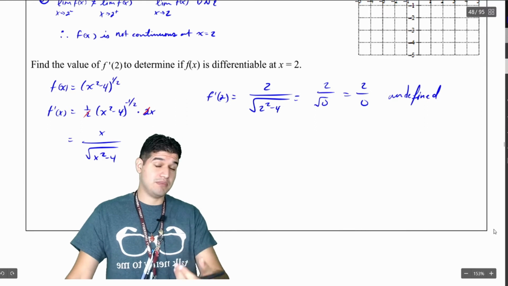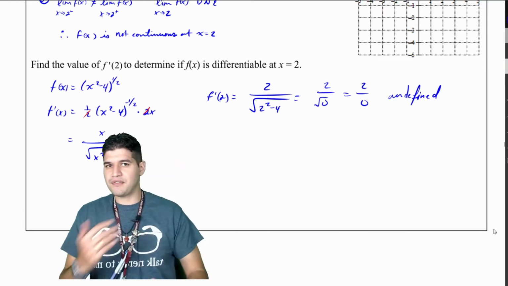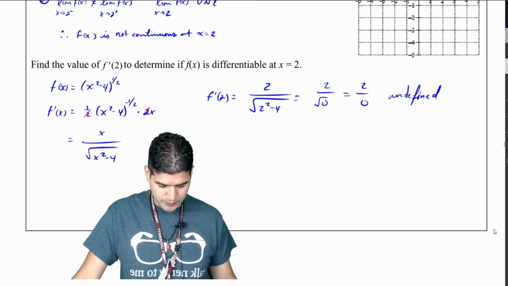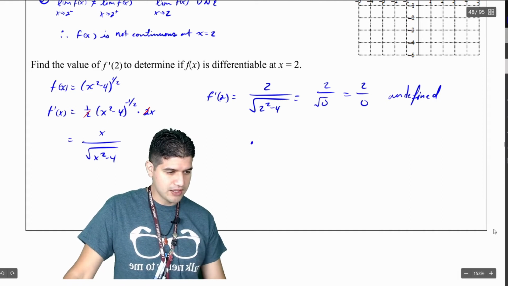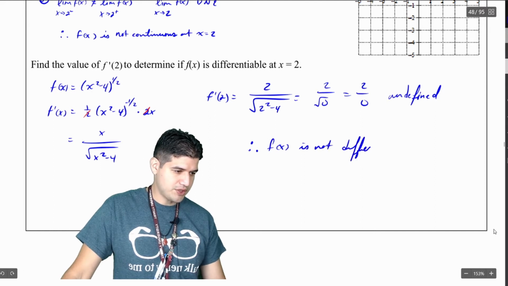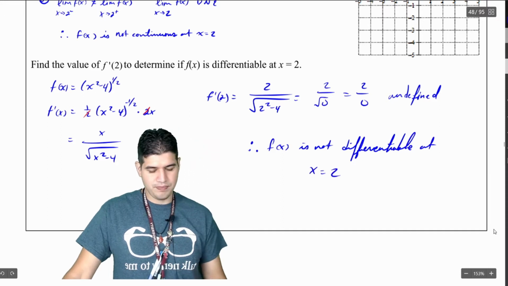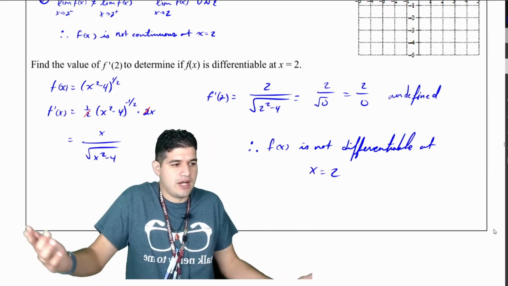Anytime you're dividing by 0, that's undefined, unless it's 0 over 0, which is an indeterminate form. So therefore, f of x is not differentiable at x equal to 2. So we can see that happening.